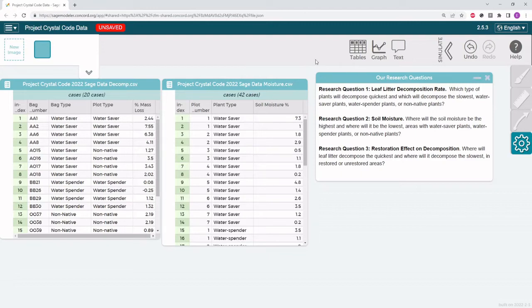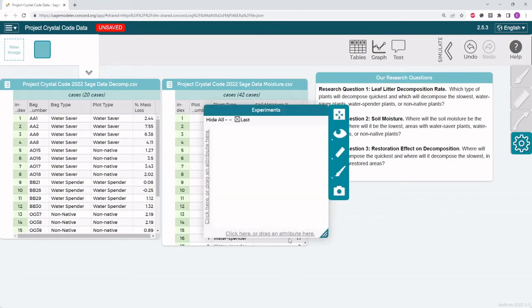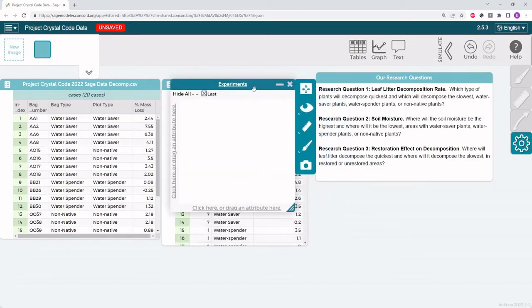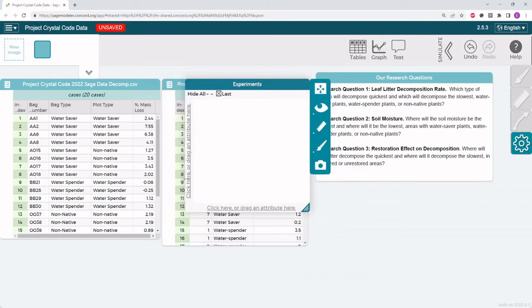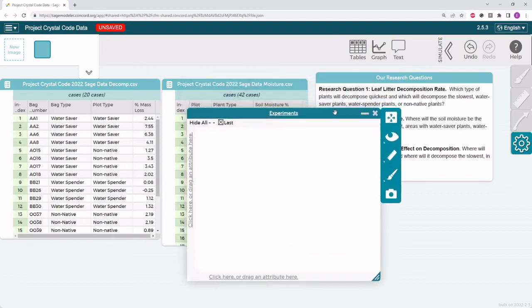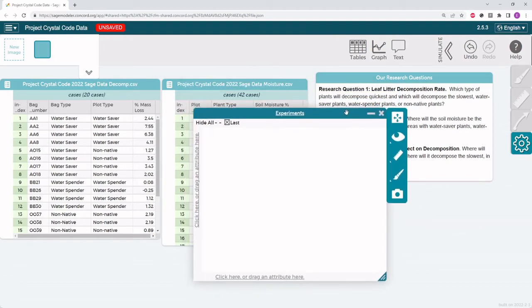So I'm going to go ahead and use one of the really cool tools of SageModeler, which is graphing. When I want to graph on SageModeler, all I have to do is click on this graph and a new table will appear. Within this table, you'll see that it has a y-axis and an x-axis that we can include information on. So what I'm going to do is again look at the two things that this research question is asking me for.